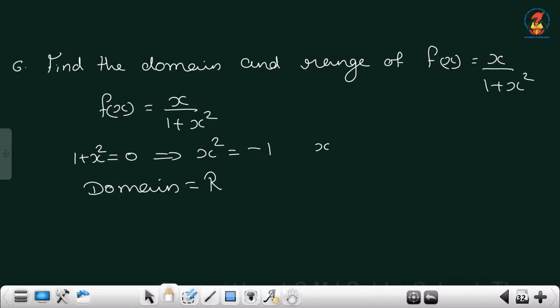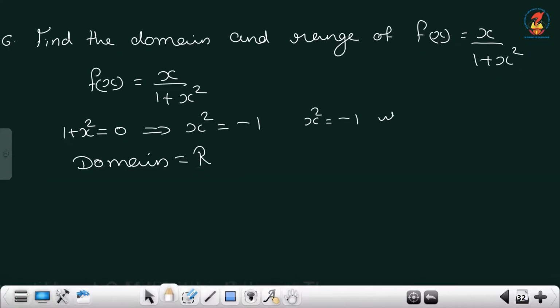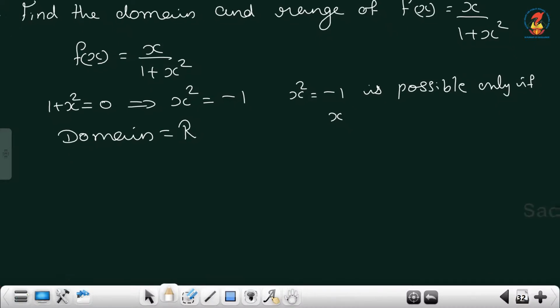x square equal to negative 1 is possible only if x is an imaginary number.